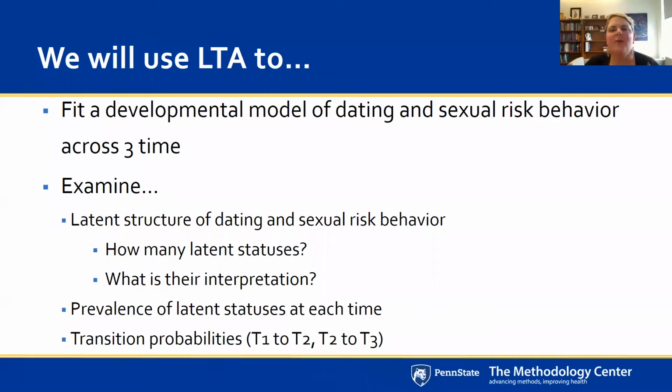So we'll look at how many latent statuses there were, and what their interpretations are. Then we'll look at the sizes of the latent statuses or latent classes once we understand what they are. And then we're going to look to see how people transition across those 3 times. So we're going to look at transitions from time 1 to time 2, and then transitions from time 2 to time 3.